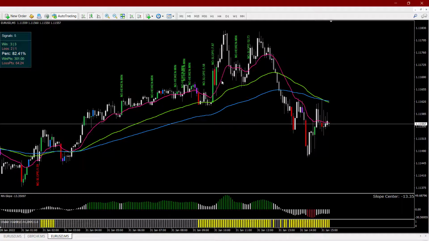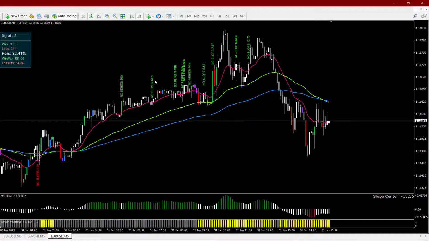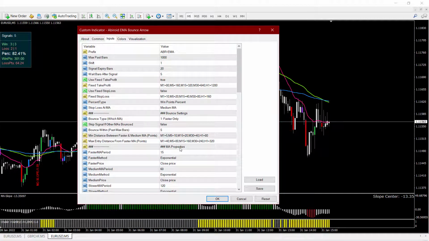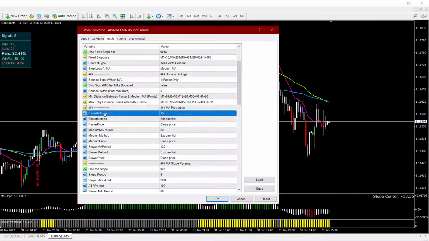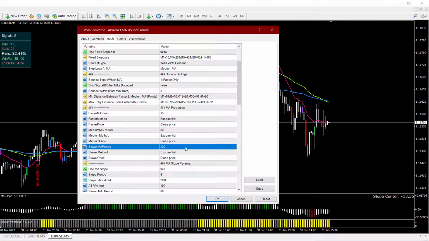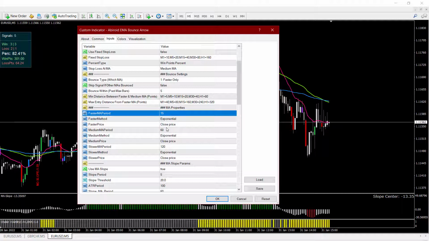So this one is EMA 15, this one is 60, and this one is 120. And you can always change those values right here. In the arrows indicator, you can specify any three moving averages that you like. Make sure that this is the smallest period, this is medium, and this is the largest. Otherwise, the indicator won't work properly because this one has to be the faster MA.